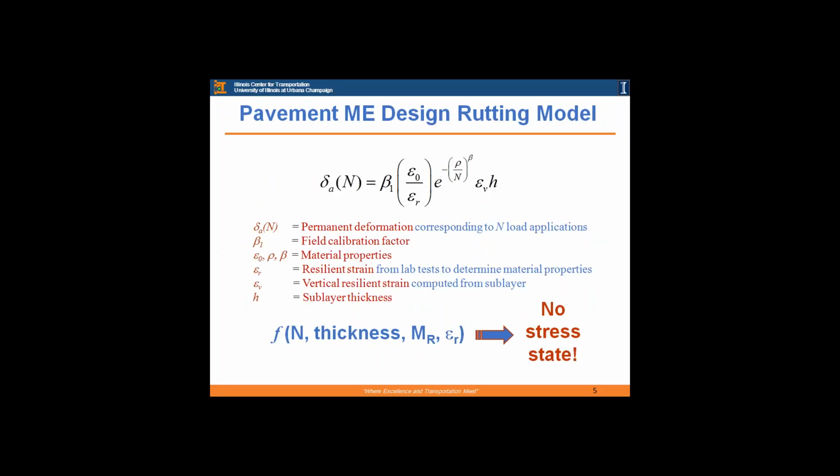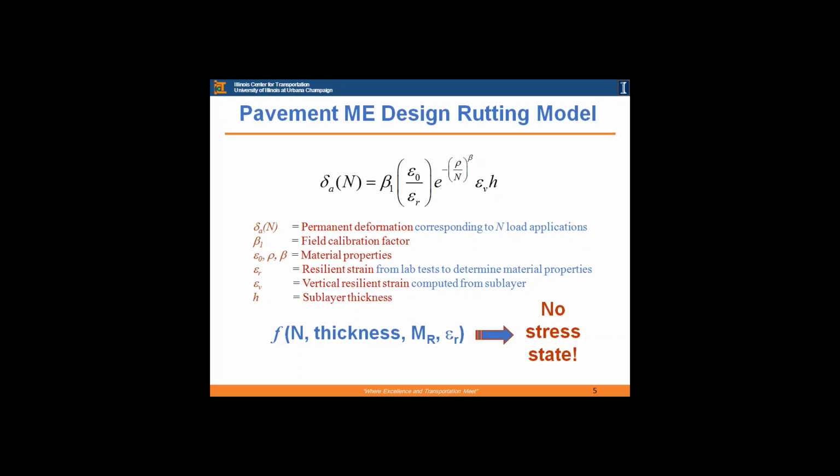So why are we talking about permanent deformation, and what is the idea behind our research? I'll start with what exists now: the current pavement ME design rutting model used for unbound materials in the pavement ME software. The model predicts the permanent deformation from some material properties and the resilient strain of the unbound layer, as well as the vertical strains and the sublayer thicknesses.